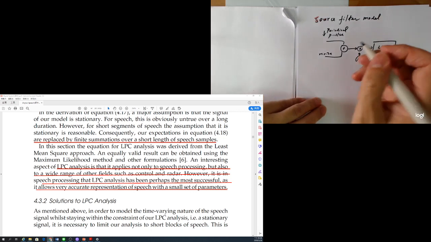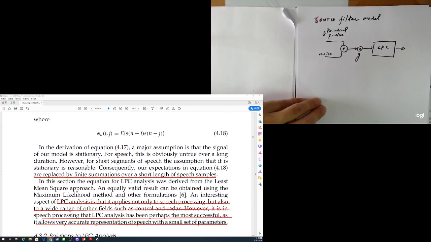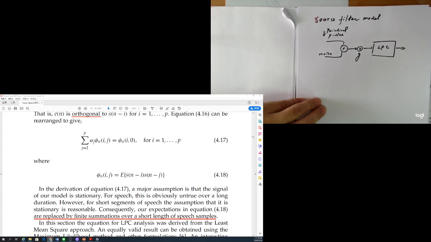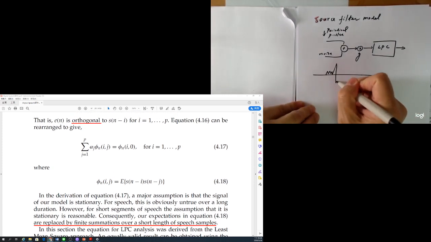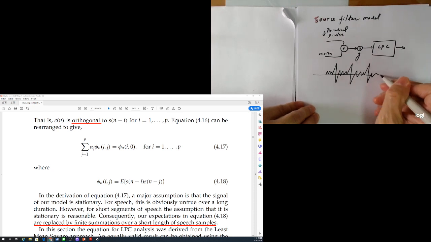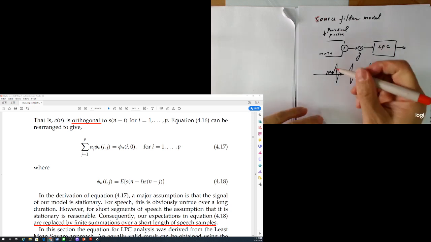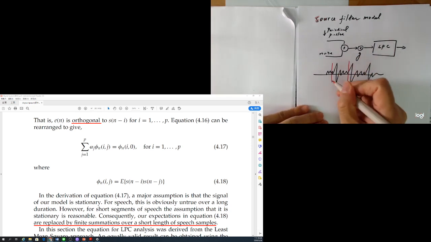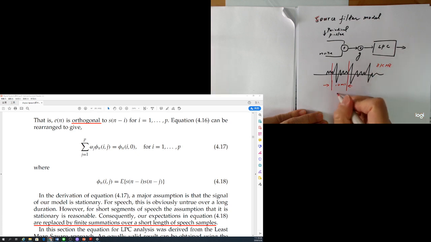In our equation here, you can see we try to minimize, first, because we have a speech signal, the original speech signal. How to do it? We try to partition the speech into frames. For example, a speech frame is 10 milliseconds, and with an 8 kilohertz sampling rate, you have 80 samples here.